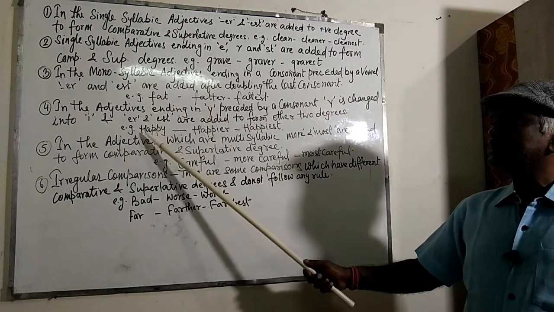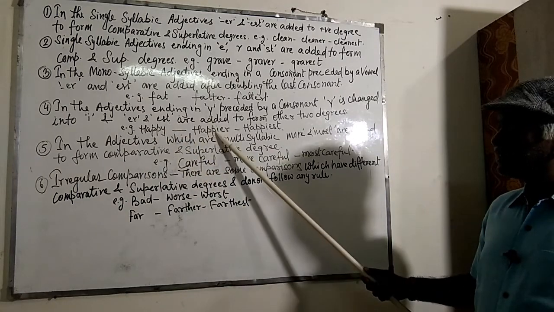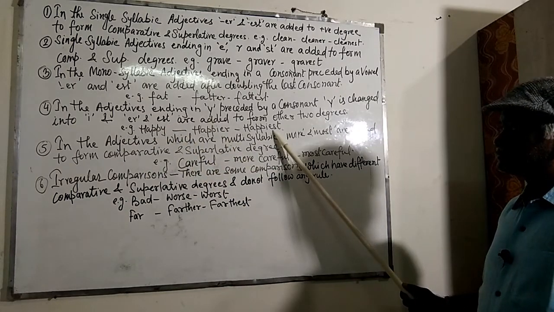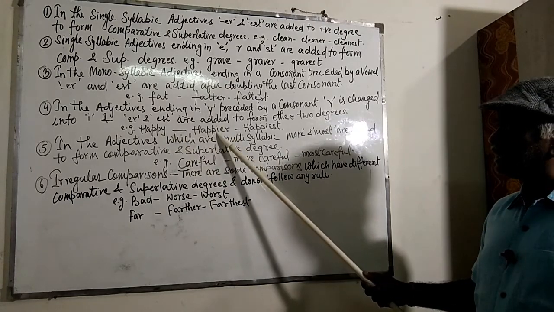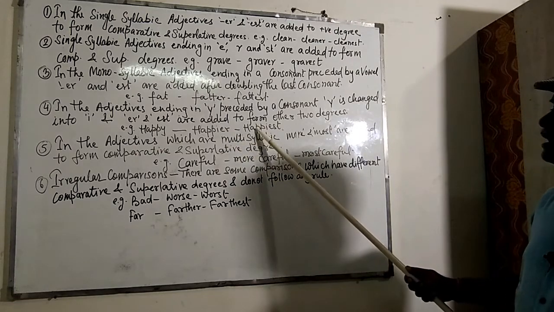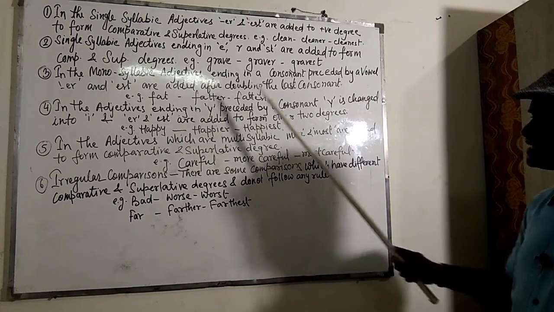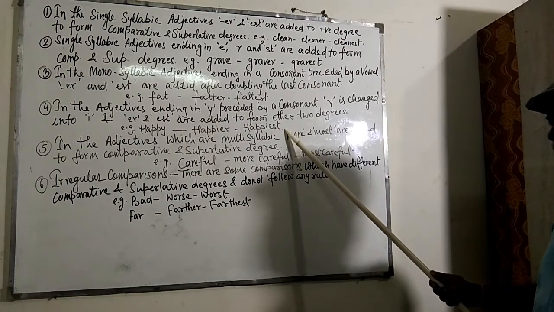For example, happy, happier, happiest. This Y is changed to I and ER is added in comparative degree, and this Y is changed to I and EST is added in superlative degree.